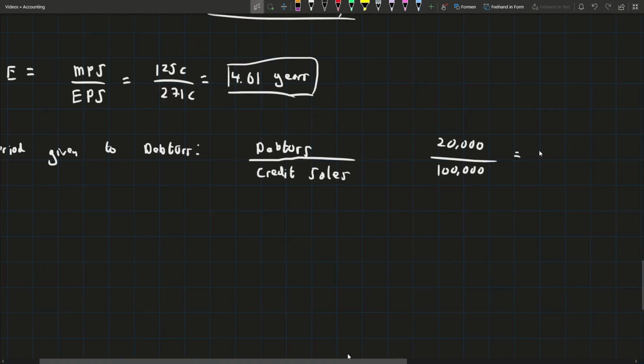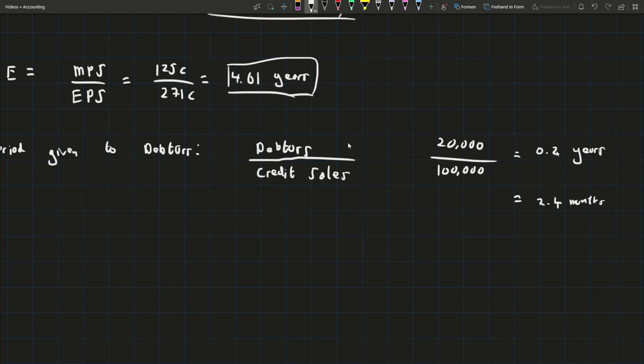In this case, we have to give them 0.2. What unit you might think? Well, this is credit sales for the year. This is debtors for the year, so this is in years. So if you wanted to get that to months, you'd multiply by 12. So usually it's in months, so you'd have 0.2 times 12, which is 2.4 months.